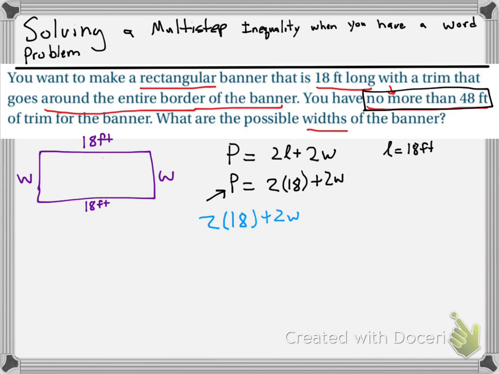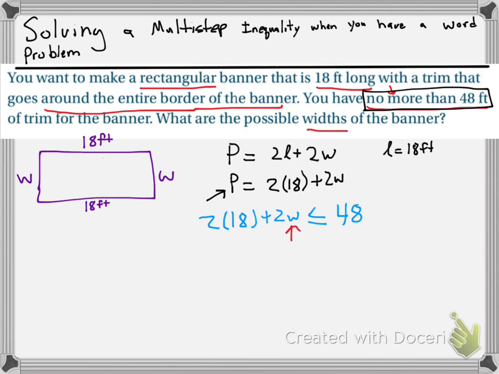Excuse me, I was trying to cough. So if we notice, the perimeter can be 48, but it cannot be bigger than 48 feet, or it would be longer than what we have. So once we have this set up, all we have to do is solve for our W.